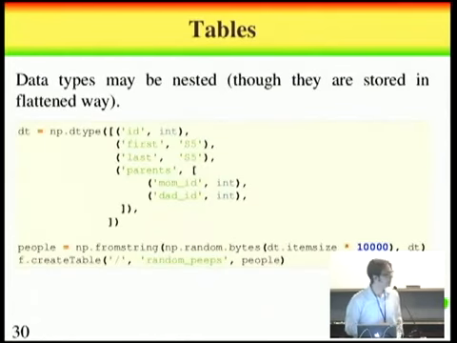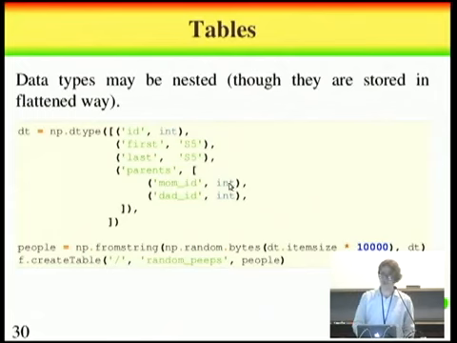Data types, as well as structs and things, may be nested. However, they are stored in a flattened way. To look at this example, we have this data type where we've defined ID, first, last, and parents. And then parents itself is another data type that stores IDs back to mom and dad, right?